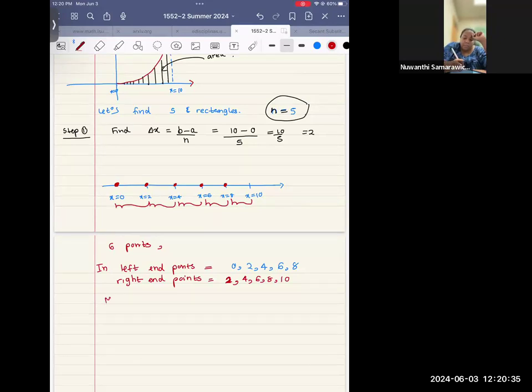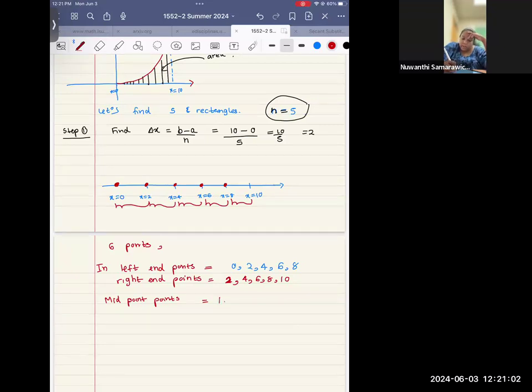What about the midpoint rule? What are the midpoints of these subintervals? What is the midpoint of 0 and 2? What is the midpoint of 2 and 4? Yes, good, Tyler.